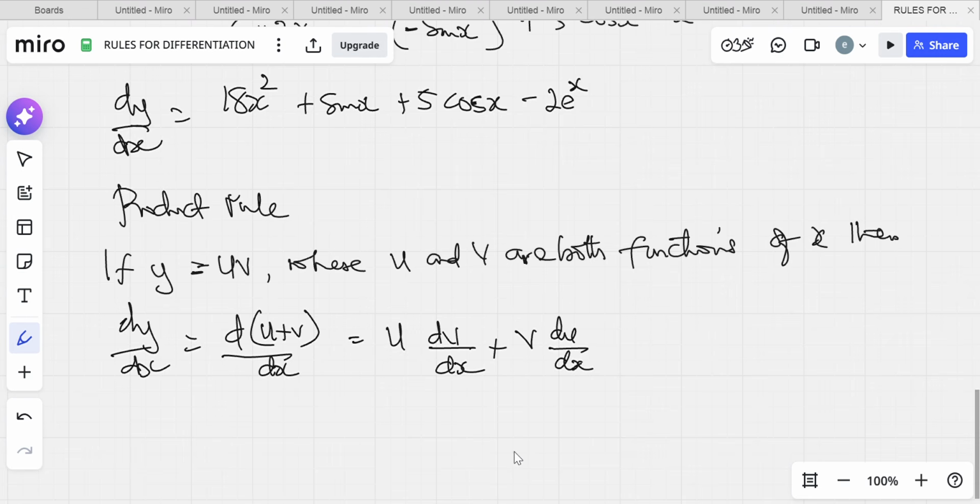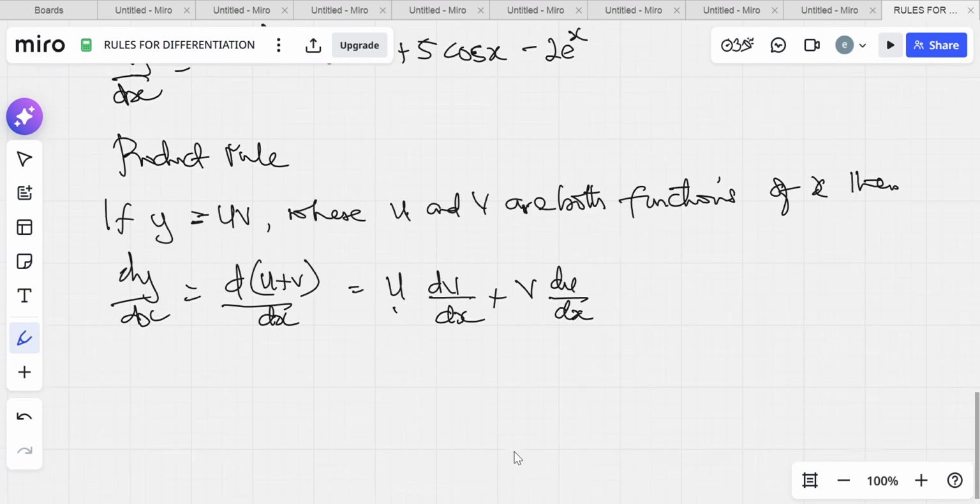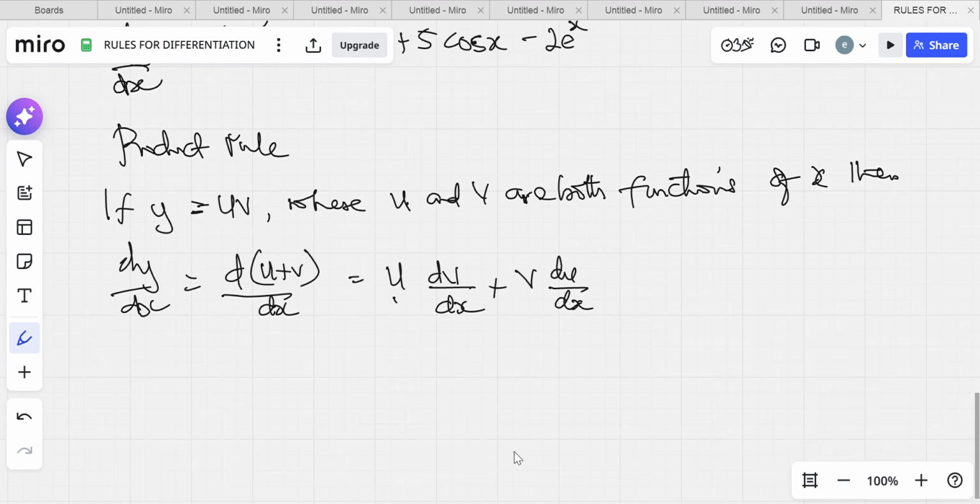So these are the functions: u times the derivative of v, and v times the derivative of u. This is called the product rule. Okay, so now let's look at some examples from the product rule.